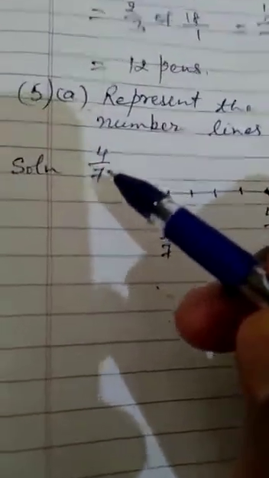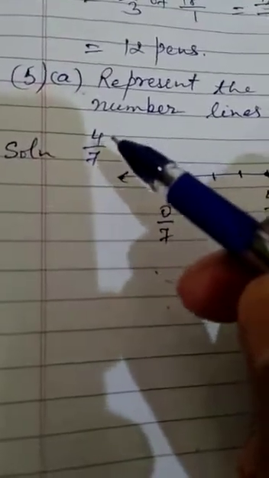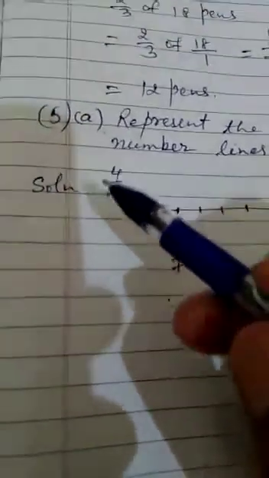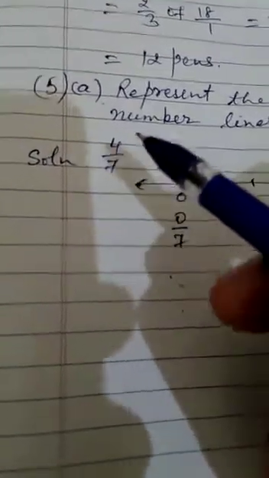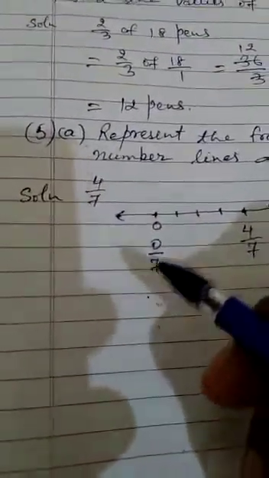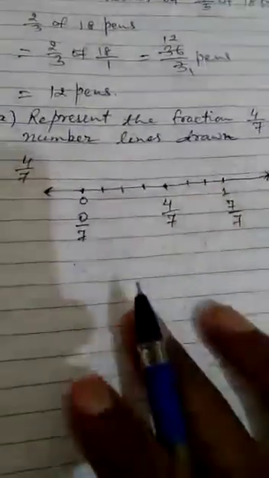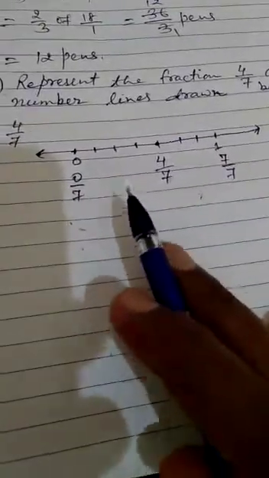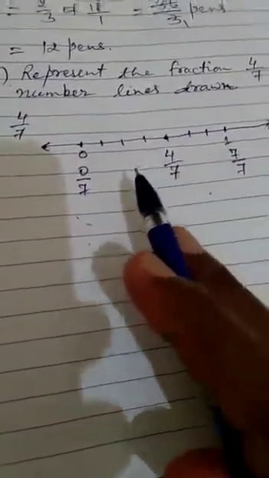So when in any fraction the numerator is less than the denominator, then this fraction is less than 1. So 4/7 is less than 1 and more than 0. So 4/7 we will put anywhere between 0 and 1.